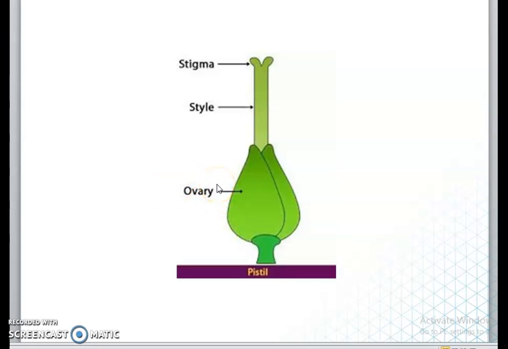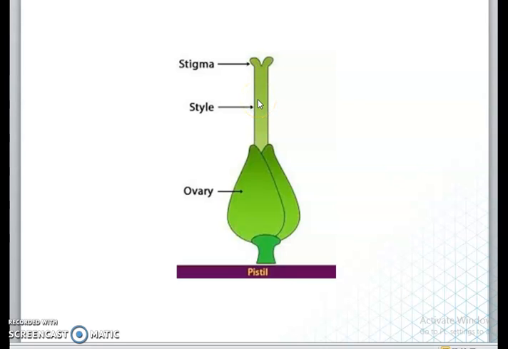The stigma is the tip of the pistil, where pollination occurs. The anther will make the pollen grains come to the stigma. Okay, it's very close. Usually it's here in this part. So the pollen grains will come and fall on the stigma that receives them and lets them go to the next part, which is called the style.